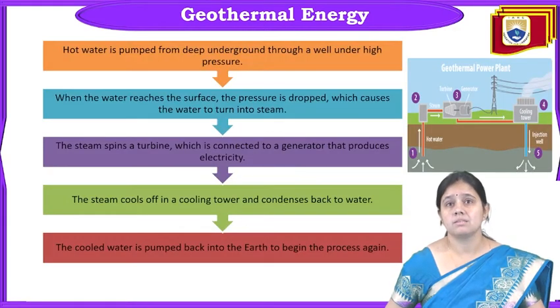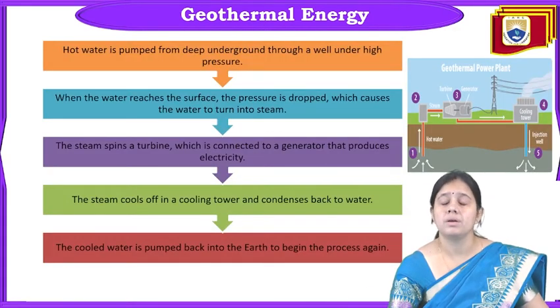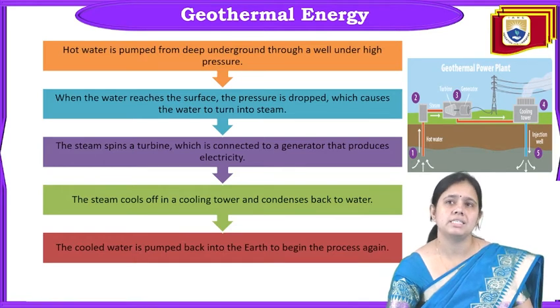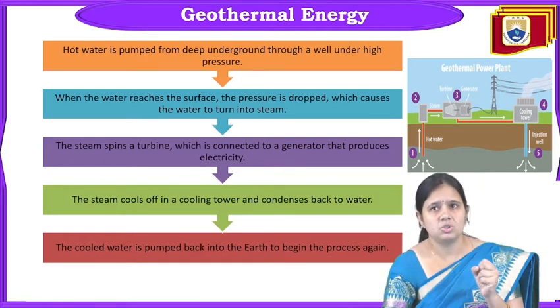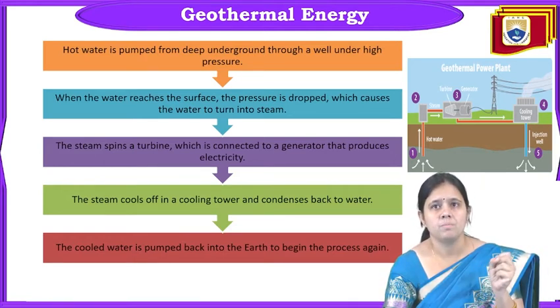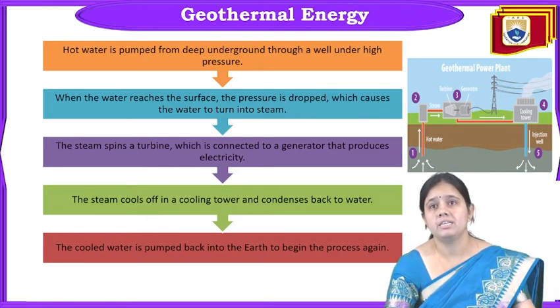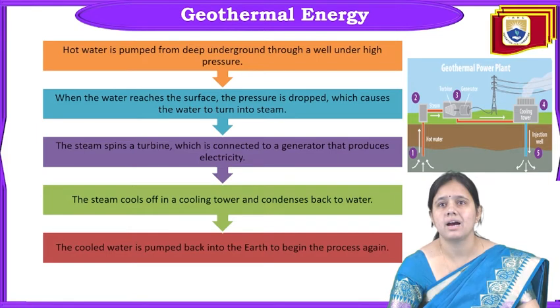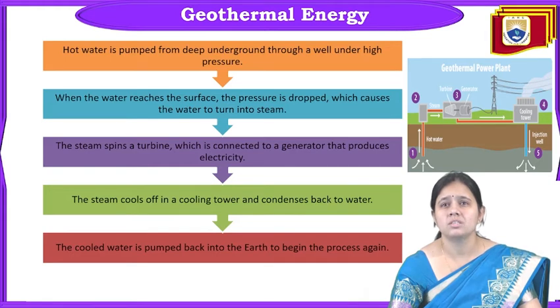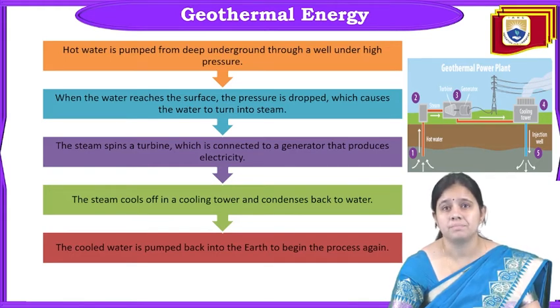Now, the next slide is about how geothermal energy works, how we harness energy from a geothermal power plant. Hot water is pumped from deep underground through a well under high pressure, and when the water reaches the surface, the pressure drops, which causes the water to turn into steam.